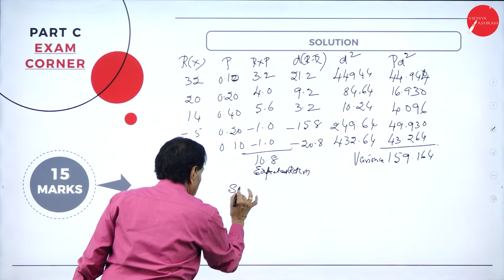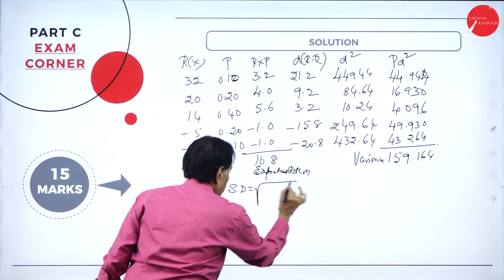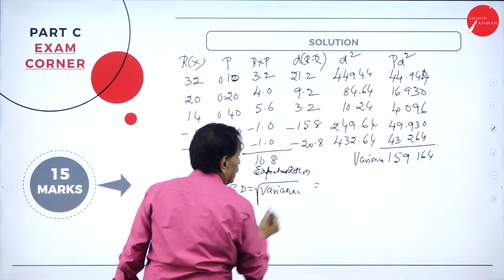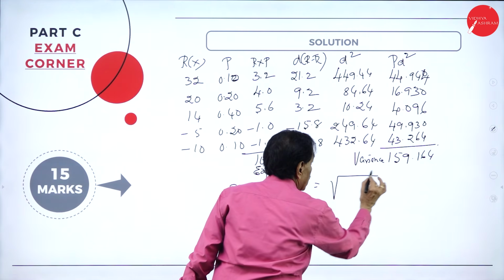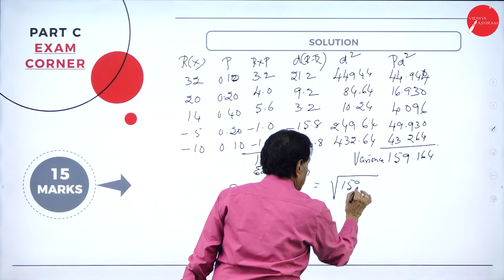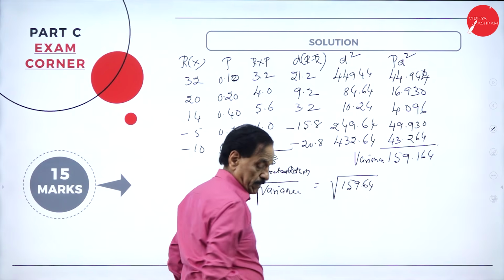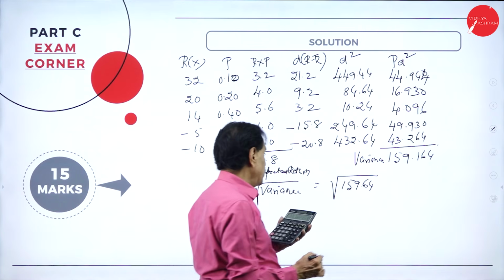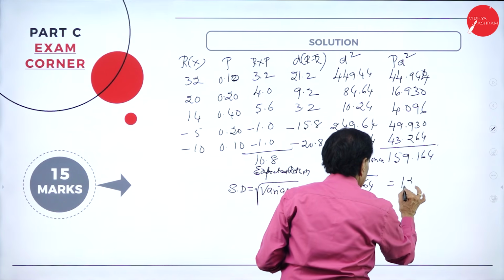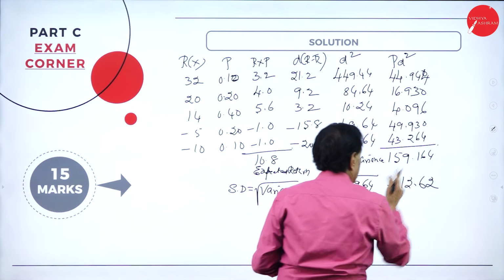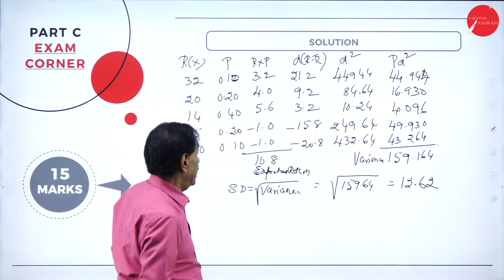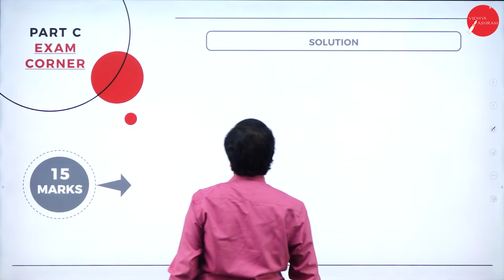Standard deviation is equal to the root of variance, the root of 159.64, which is 12.62. This goes in favor of x. Same thing you have to do for y.